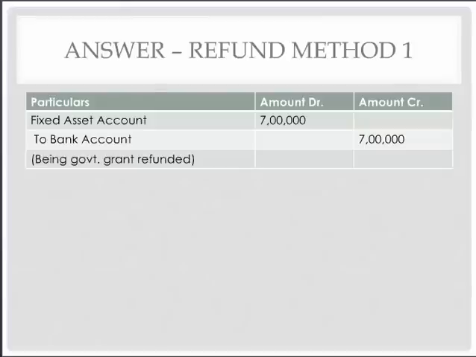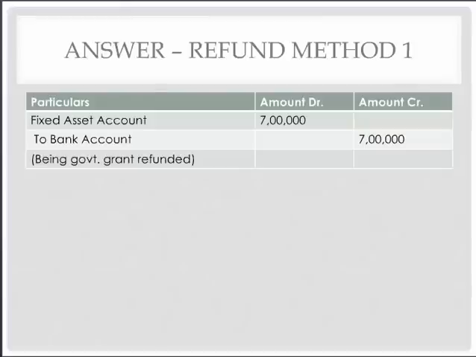Firstly, you had booked a fixed asset worth 50 lakh rupees, then you had reduced it by 10 lakhs, so your cost of fixed asset had become 40 lakhs. Then you had provided depreciation of 7 lakh rupees first year, second year. So your reduced WDV had become 40 lakhs minus 7 lakhs minus 7 lakhs, which is 26 lakhs.